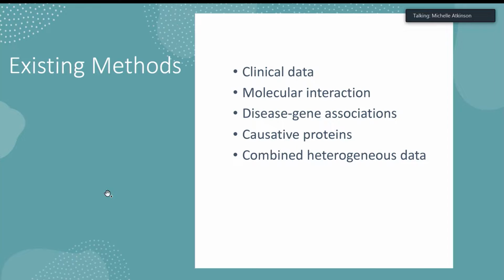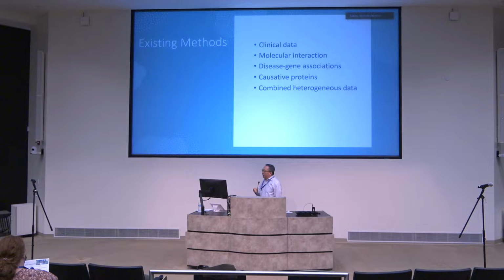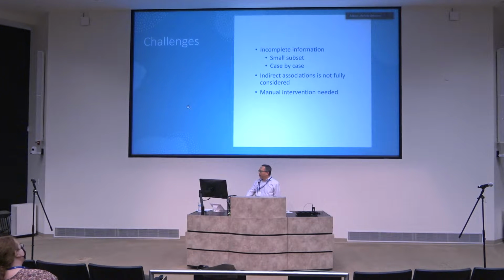For example, people have developed methods based on clinical data and also on molecular interaction, disease-gene association, and causative proteins, meaning which protein, if mutated, causes what disease. There are also integrative approaches that integrate multiple data sources to predict how diseases are related.